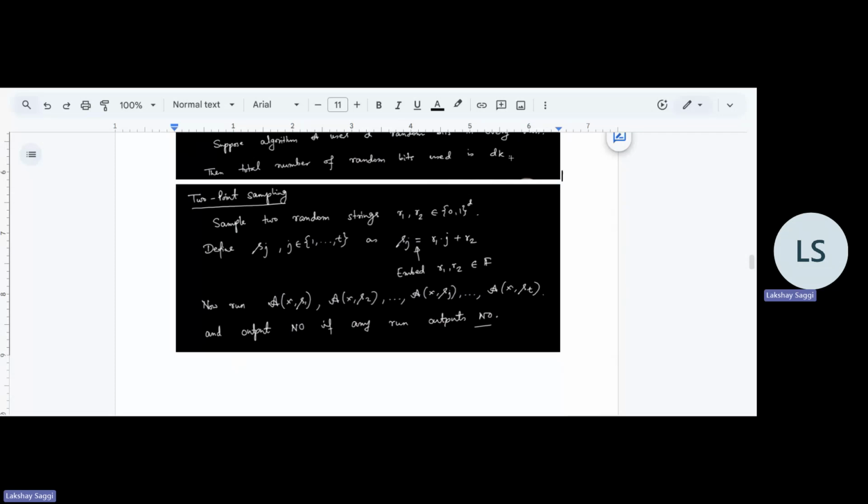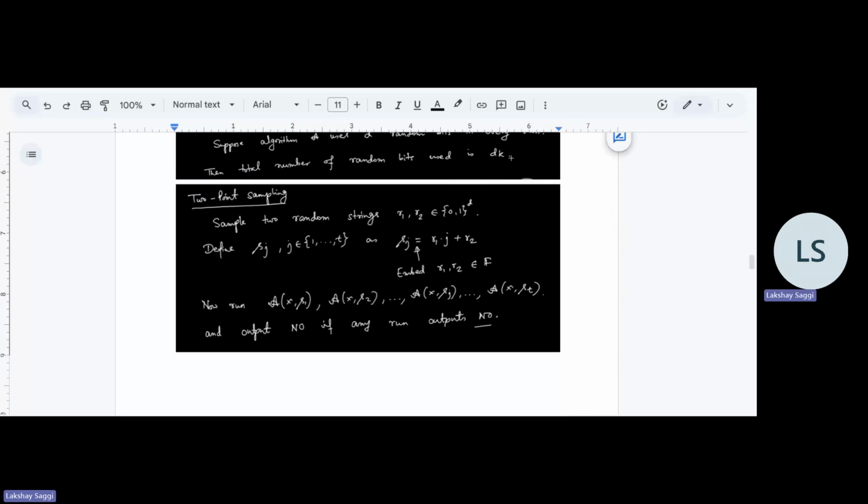So we have sampled 2D bits instead of D times k bits. Now in any run of the algorithm, we construct a new, not exactly random but close to random, string using these R1 and R2 strings. We are not going to ask the oracle for another random string. We just use these strings to create strings which are not exactly random but suffice for our purposes.